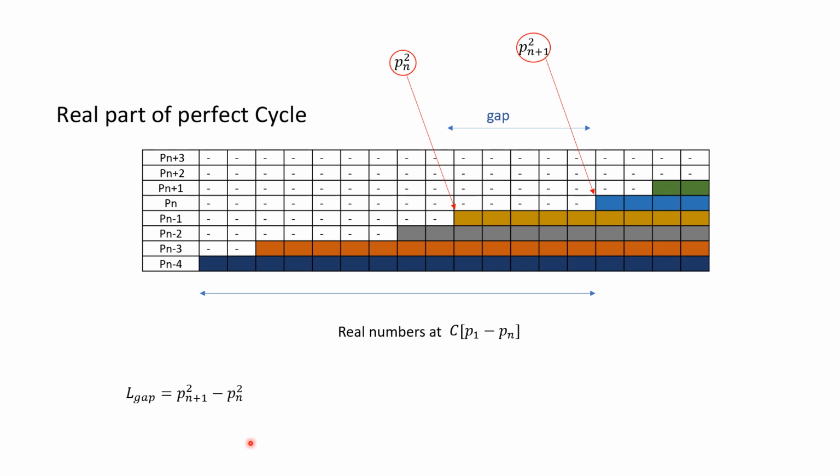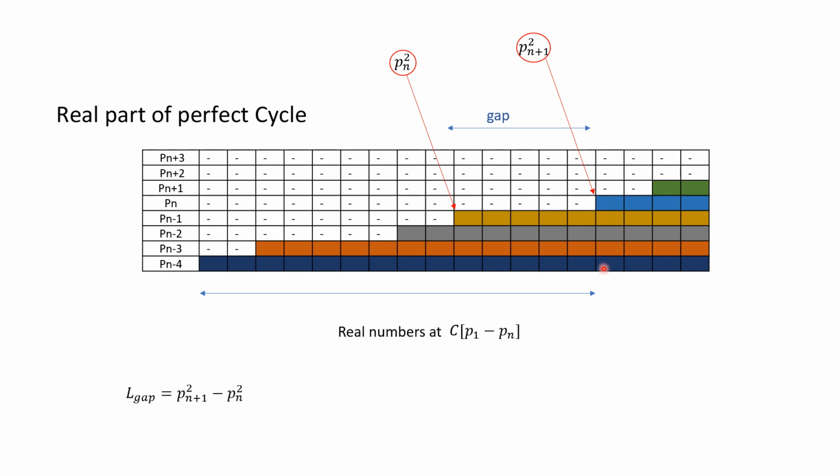We have the length of the gaps as this equation, this is the first equation, okay? So, for example, from pn square until pn plus 1 square, we subtract, right?